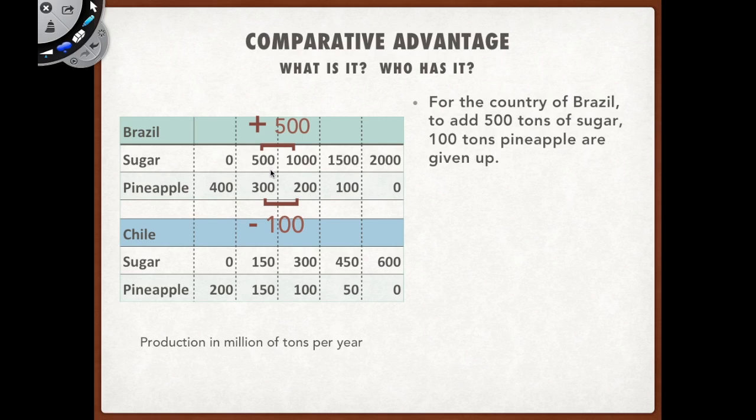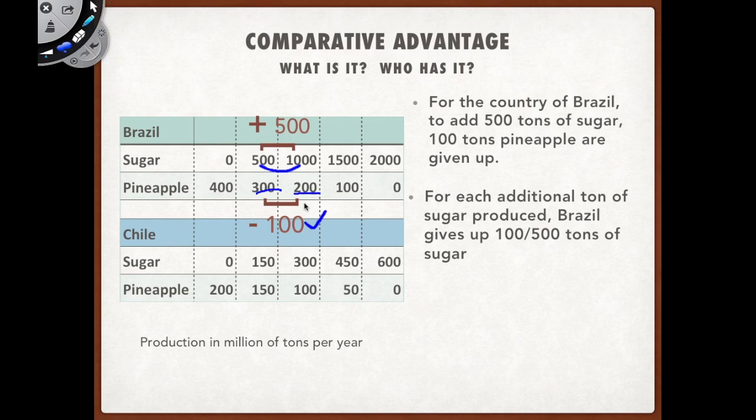So, for instance, in this example, if Brazil wants to produce more sugar, they are at 500, they want to produce 1,000. They would gain 500, but when they do that, they're not able to produce the 300 pineapple. Now they can only produce 200. So they lose 100 pineapple.